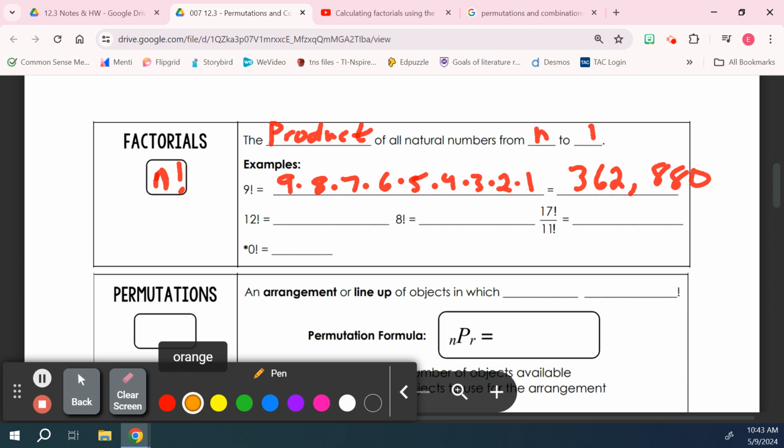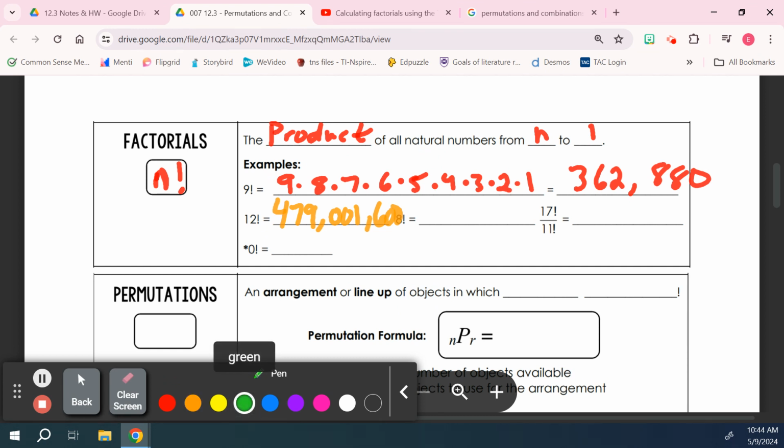What's 12 factorial? Good. Perfect. So 479,001,600. All right, who's got 8 factorial for me?